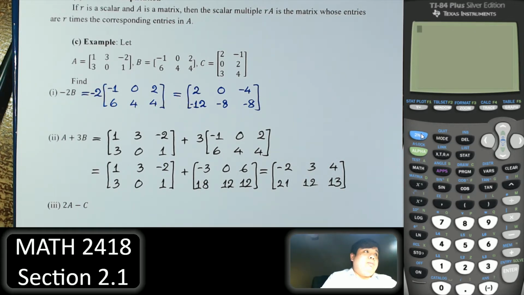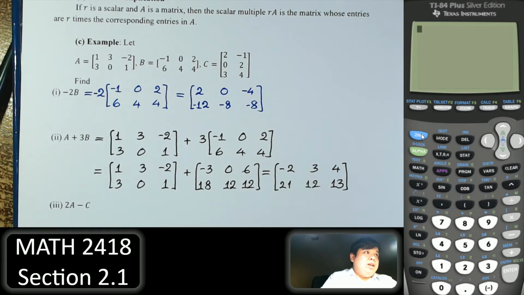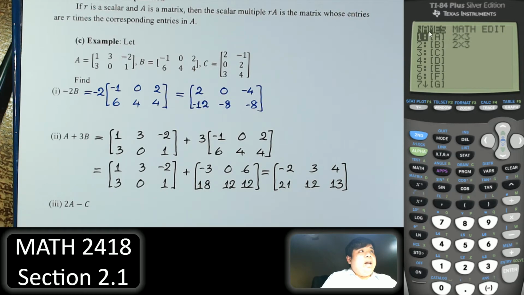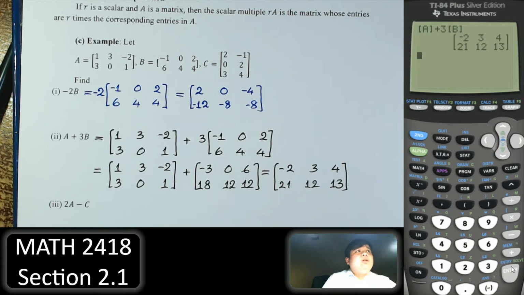Now we just type A plus 3B. When we go to edit, we input the matrix. Under names, we recall it. So highlight names, A, just hit enter. And then plus 3, second matrix, B. Of course, that does the same thing as we did before.